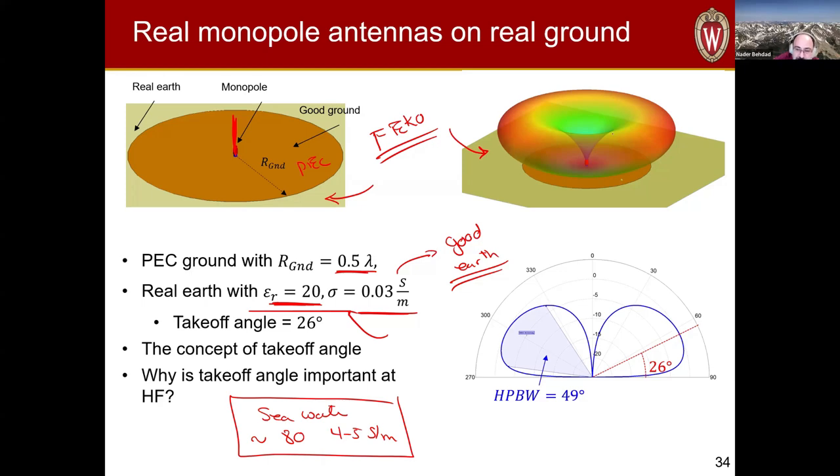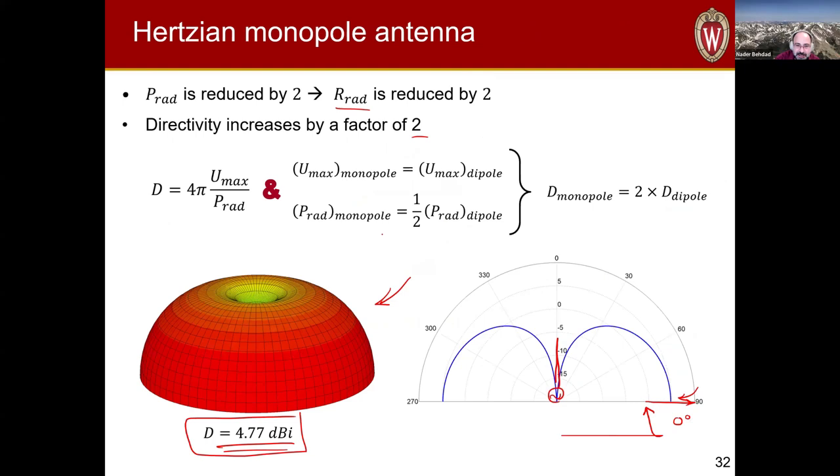So notice what happens here, right? So I had this ideal monopole antenna. This is what we teach in our antenna classes, right? As what the radiation pattern of a monopole antenna is.